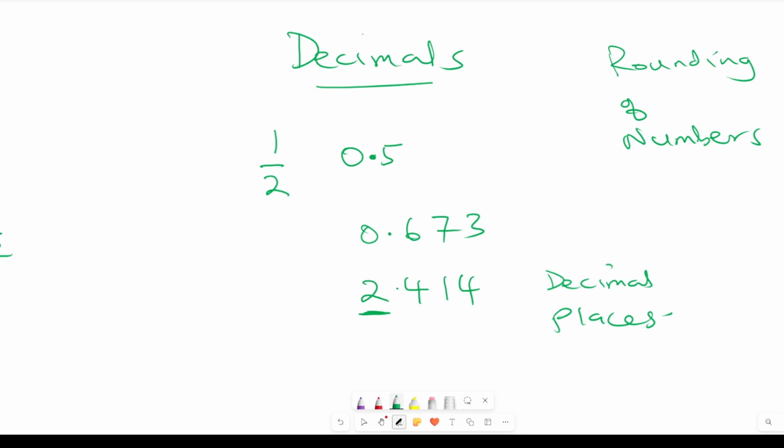Rounding of numbers is very important because sometimes you are given a problem to solve and then the examiner will tell you how many decimal places they want your answer to be or how you should round up your number. Rounding up numbers goes hand in hand with what we call significant numbers or significant places. So we will be doing that in detail.